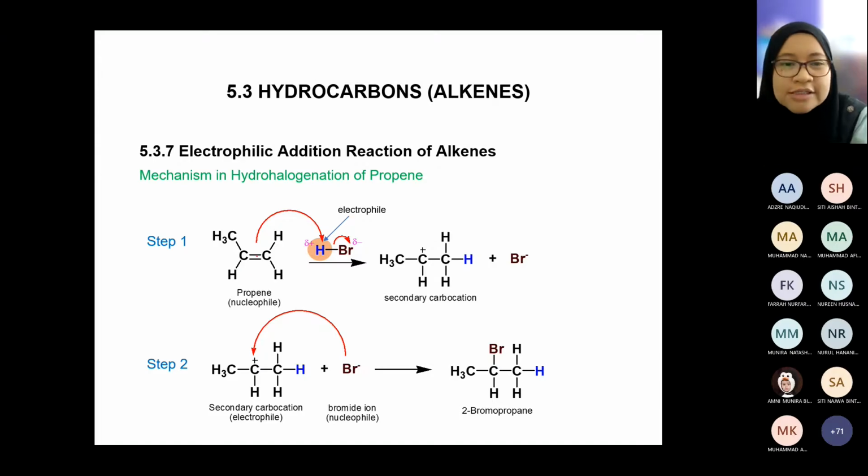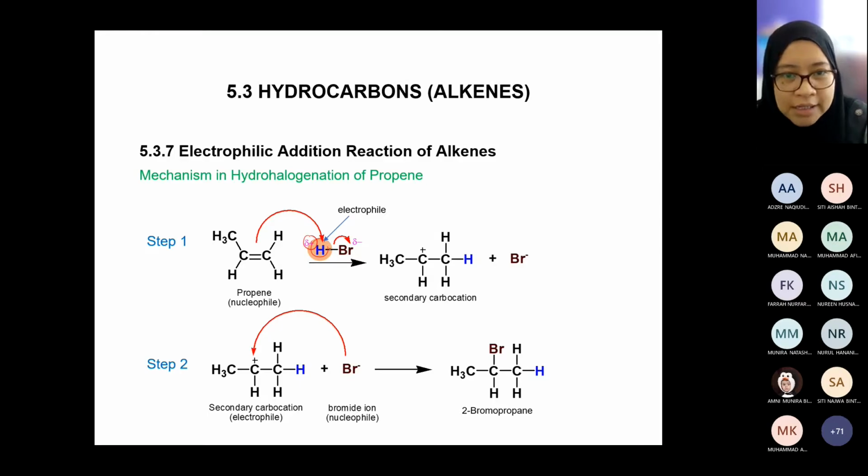Okay, so the step: the nucleophile attacks. The nucleophile will attack the hydrogen, which is electrophilic. It wants to remove the hydrogen from HBr.